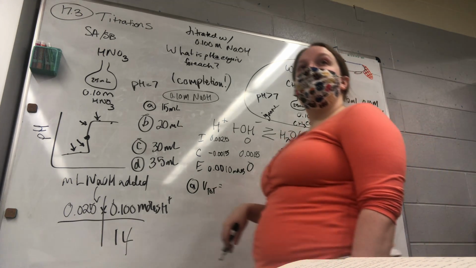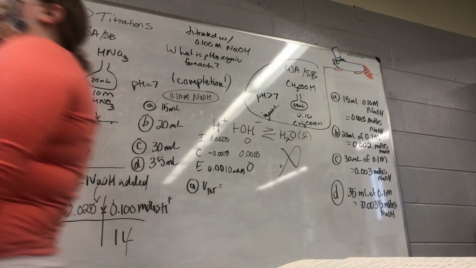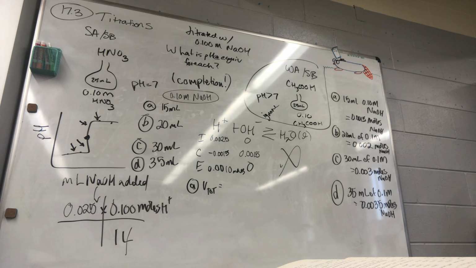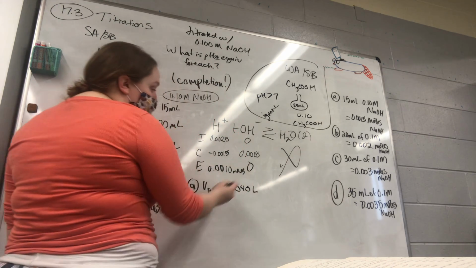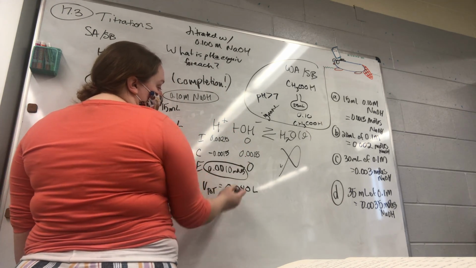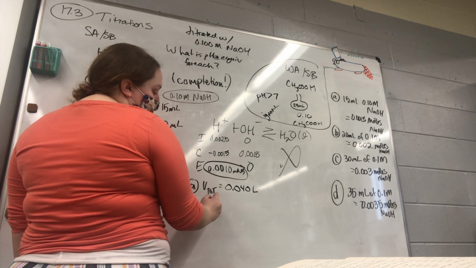Nope. Total volume. How much have we added together? 15 and 25, right? So 40 milliliters. We know what our number of moles is. We know what our volume is.